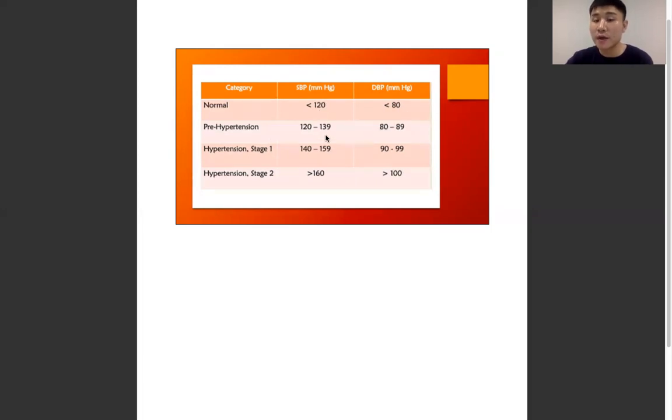Pre-hypertension is 120 to 139 over 80 to 89. Hypertension stage 1 is 140 to 159 over 90 to 99. And hypertension stage 2 is above 160/100.